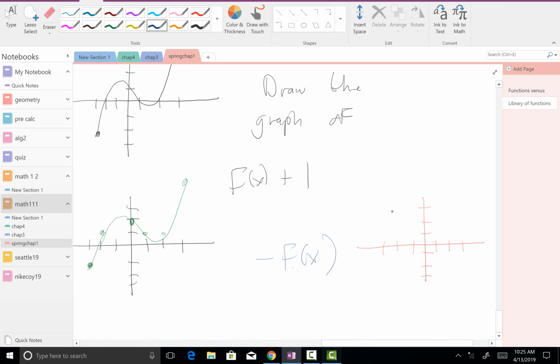So this part's going to come up here, and then I'm going to get a loop here which was down, but it's now going to be up. So it's going to look something like this. Then I've got this part, so it's going to come to this. Then this is going to loop this way, and then we continue, so it's going to look something like that. So here to here to here. Again, it's not a great sketch, but I'm just looking to see you kind of understand the basic idea.